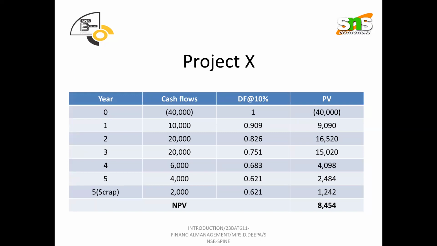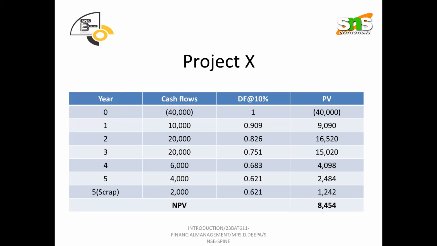And how do we calculate present value? By multiplying cash flows with the discounting factor. See here, 40,000 into 1 is 40,000. 10,000 into 0.909, 20,000 into 0.826. This is the way of calculating. And what is the net present value? Add all the present values from year 1 to year 5 till scrap: 9,090 plus 16,520 plus all the values until 1,242.